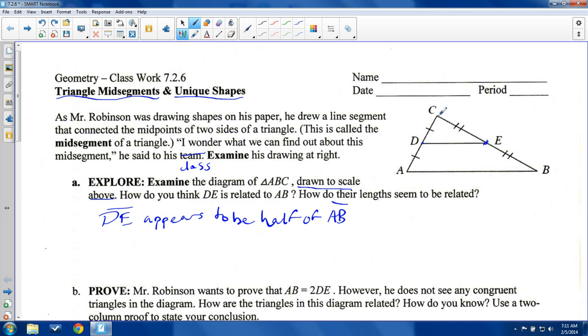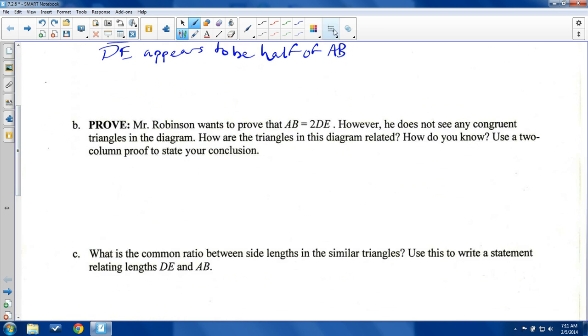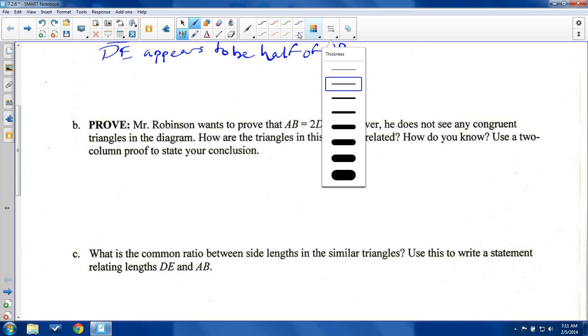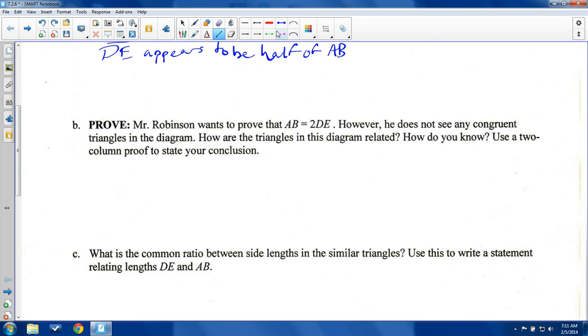I have CD is congruent to DA. I know they're congruent, but that does not tell me how CD and CA are related though. If I want to look at the two triangles, I won't even have that much room for this. Okay, let's just say we know the left side is statements and the right side is reasons, so I'm just going to put it up here.